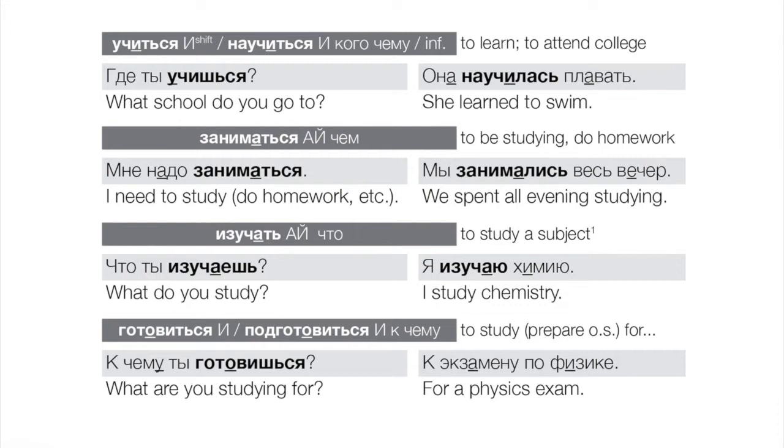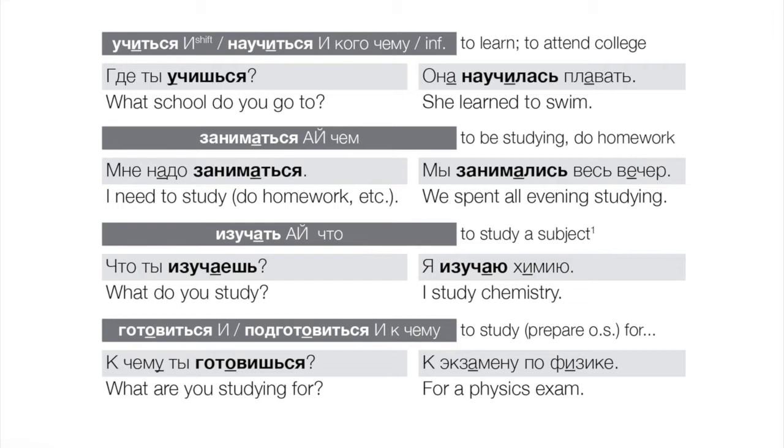Заниматься, as we know, takes the instrumental. I think we'll practice that more today, actually. In any case, заниматься means literally to be occupied or to occupy oneself, including the reflexive particle. If we think of it that way, it may help us understand why we're getting the instrumental in Russian. You busy yourself with something, you're occupied with something. Instrumental, чем.